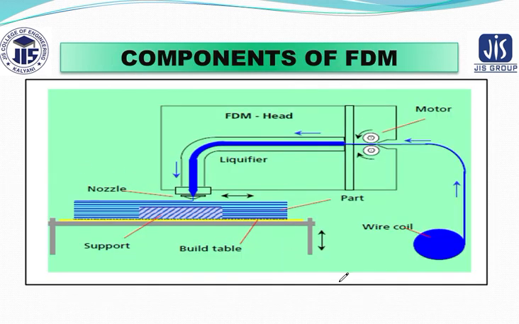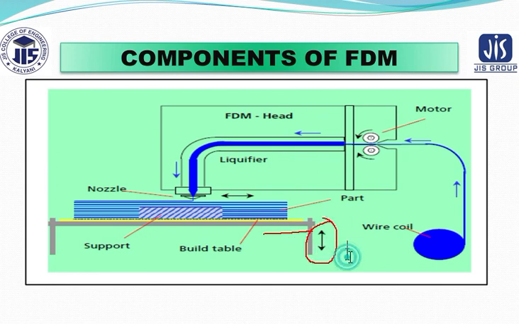Now let's have a look at the components that are associated with fused deposition modeling. First, what you require is a building table, and the table movement occurs in which direction? Z direction.